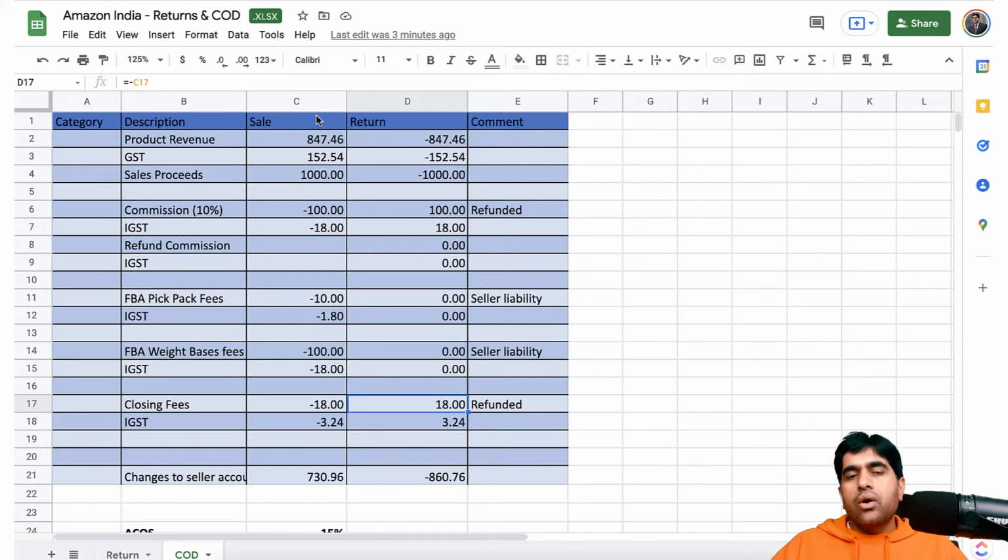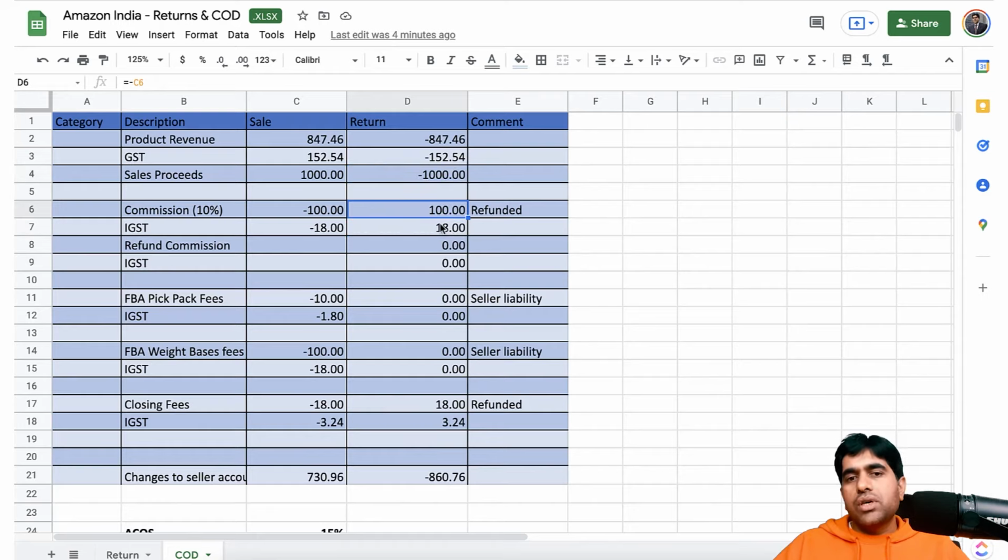So the total accounting here is the same. You make a sale for 1,000 rupees, you get 731 rupees from that sale. Now let's look at what happens in case of a COD reject. In this case, the customer hasn't bought anything, so there is nothing to reverse at the customer level, but Amazon refunds you the full commission, right?